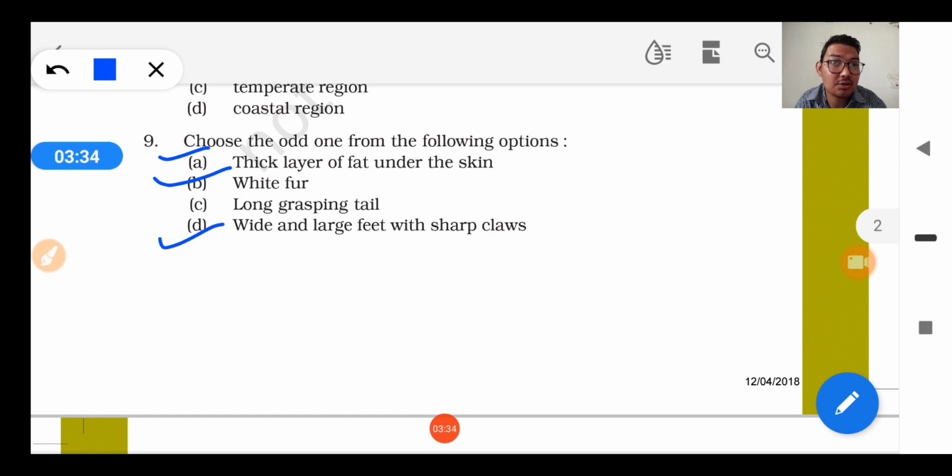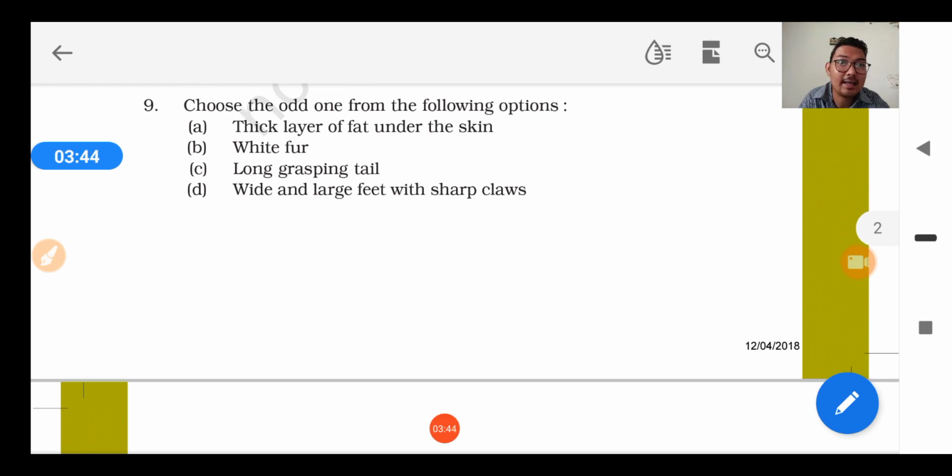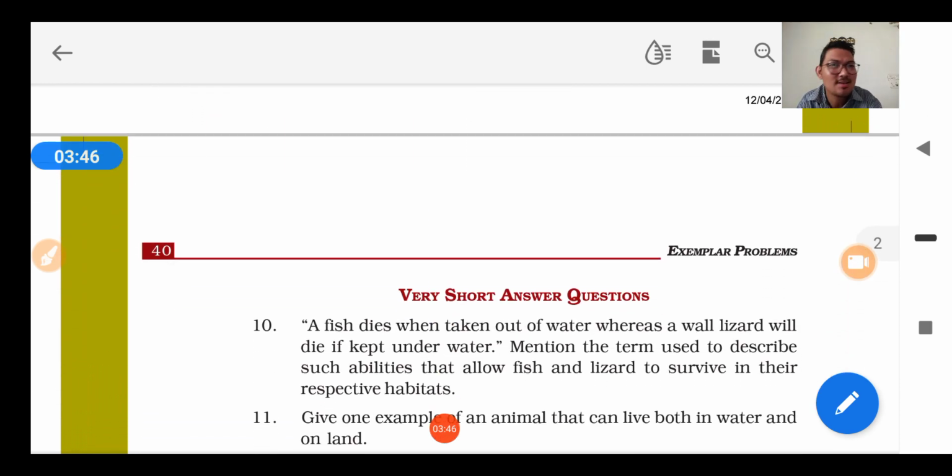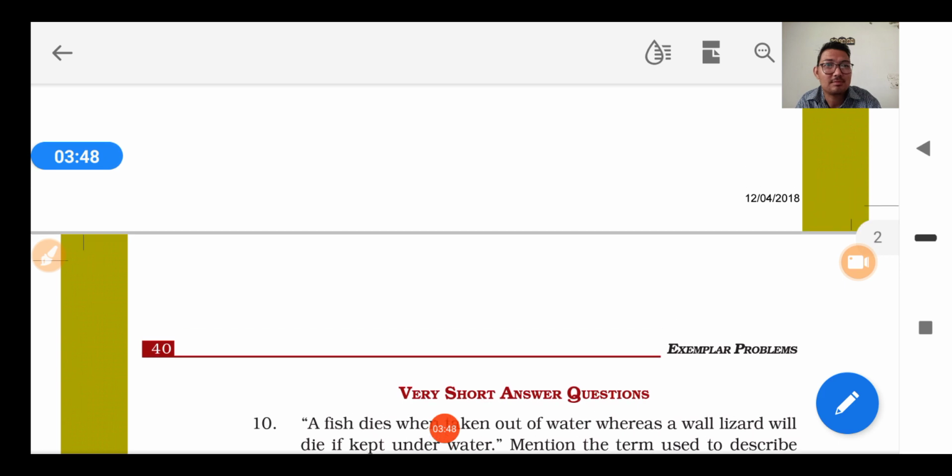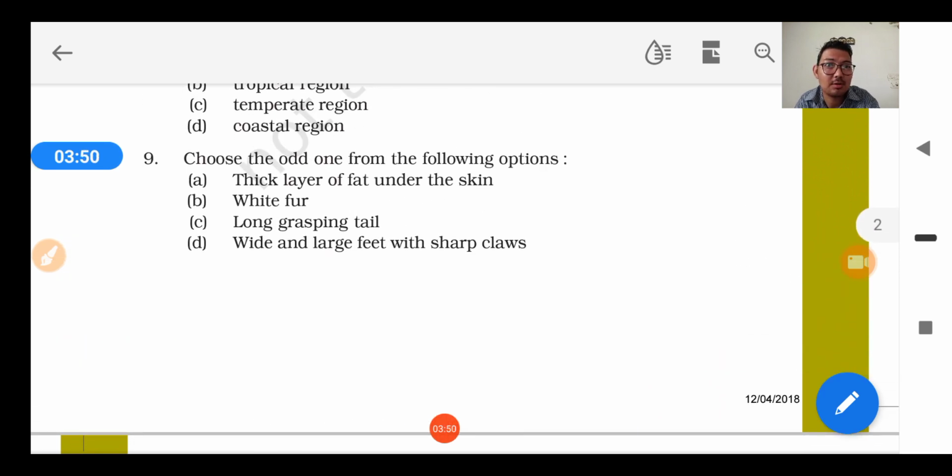White and large feet with sharp claws, this is also for polar bears, but the long grasping tail is an adaptive feature of tropical rainforest animals like monkeys. So option number C was the odd feature.